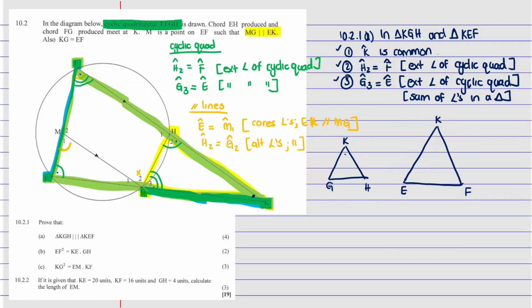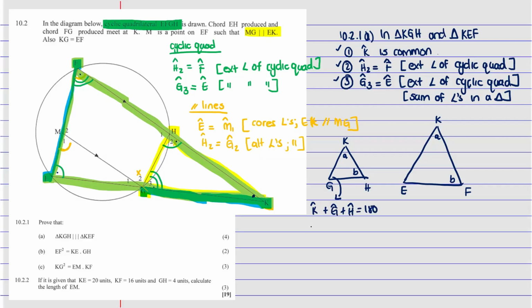We know that these two are equal. So let's say this is angle A and angle A. Again, we have proven that these two are equal to each other. What do we know? We know that the sum of angles in a triangle is equal to 180. So from that information, in terms of variables, I can find the sum, which in our case is angle K plus angle G plus angle H equals 180 degrees.